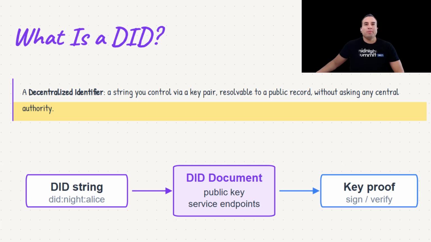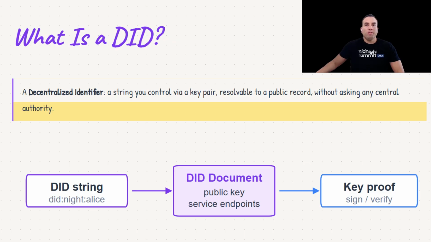Let's start with the term you will see a lot, DID, Decentralized Identifier. A DID is a string you control via a key pair, which resolves to a public record without asking any central authority. That's the definition. 3 pieces, left to right on the diagram. The DID string itself points to a DID document, which holds public keys and service endpoints.